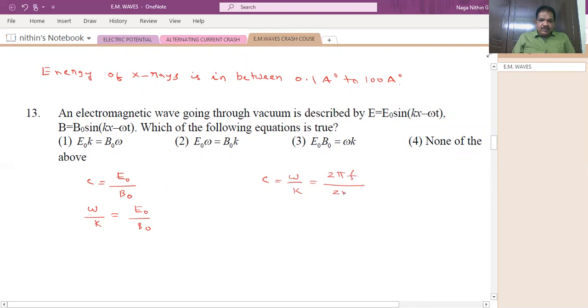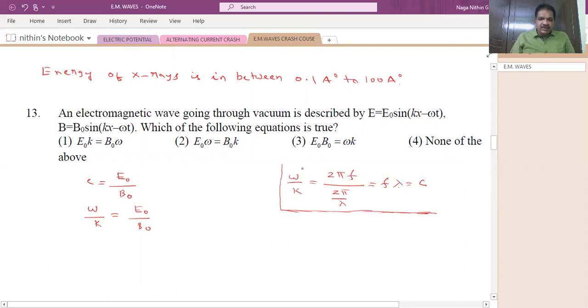K value will be 2 pi by lambda. 2 pi will cancel. C is equal to f lambda or n lambda, whatever it may be, that will be equal to the velocity of light. So omega by k is equal to C. We are using this: C is equal to omega by k.